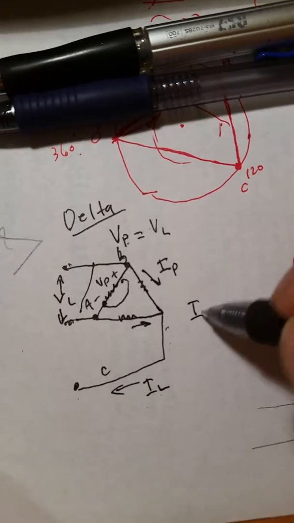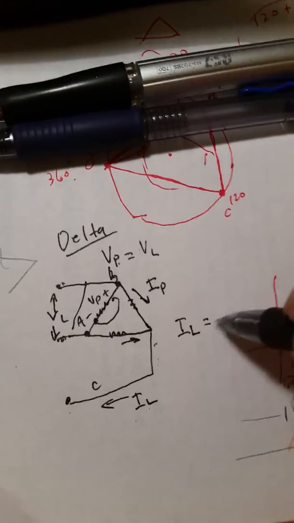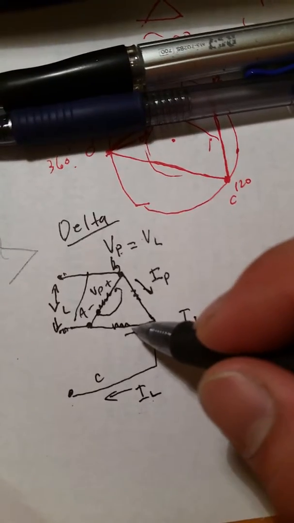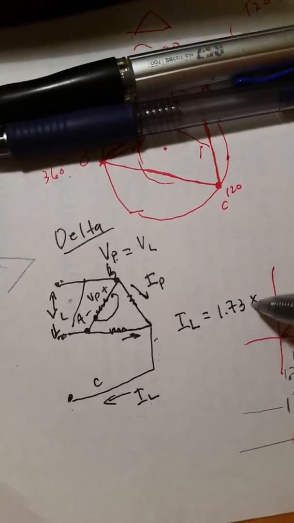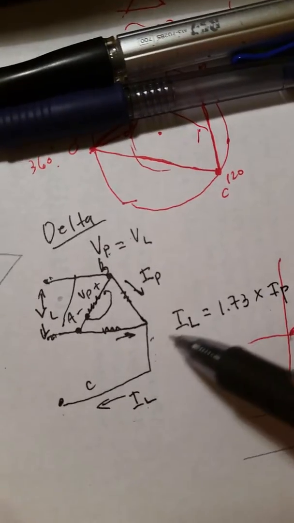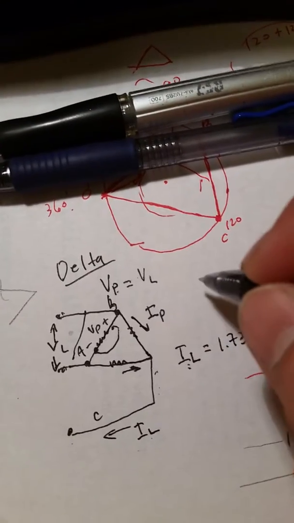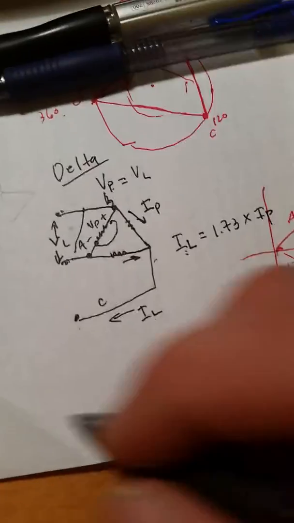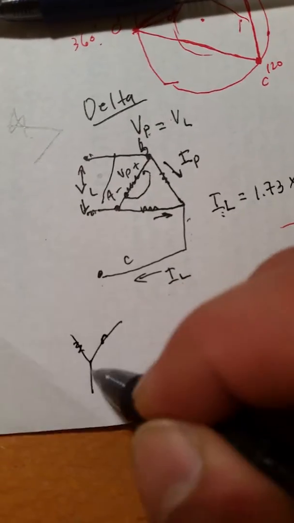So your line current is bigger than this, because you got some current coming from here. So 1.73 times your phase current is equal to line current. Okay, so let me show you what Y system is.